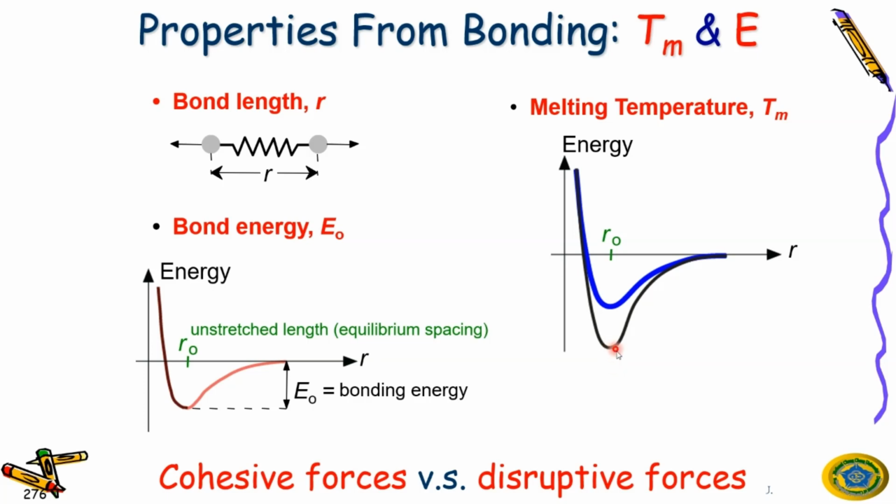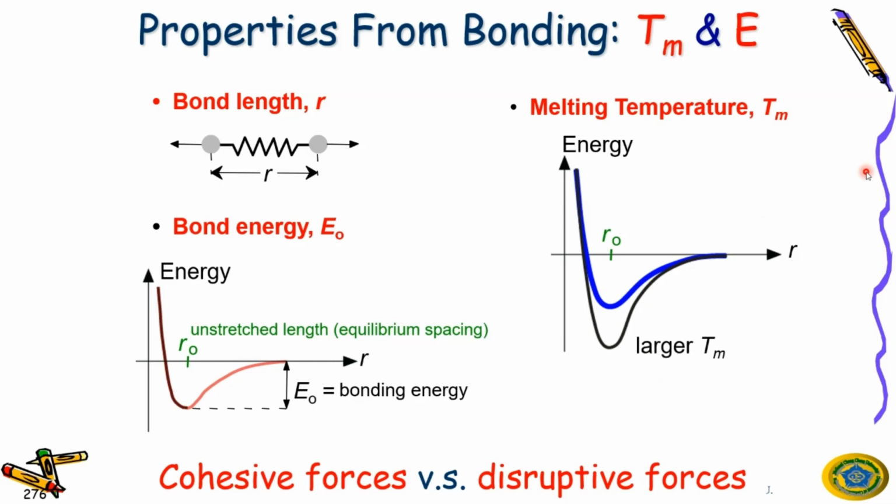If the bonding energy is high, that means what? The melting point will be high, right? Because we are talking about cohesive forces versus the destructive forces. So the bonding energy is high, that means what? If you want to melt this substance, you need a higher melting temperature. You need to increase the temperature in order to let it melt.